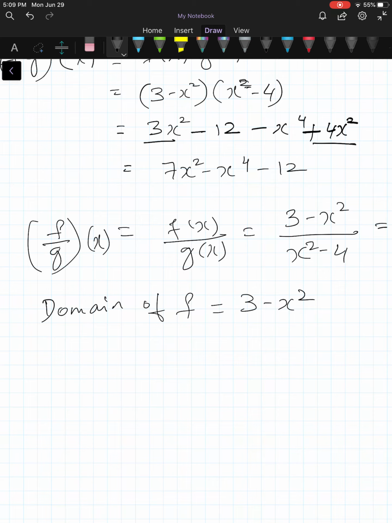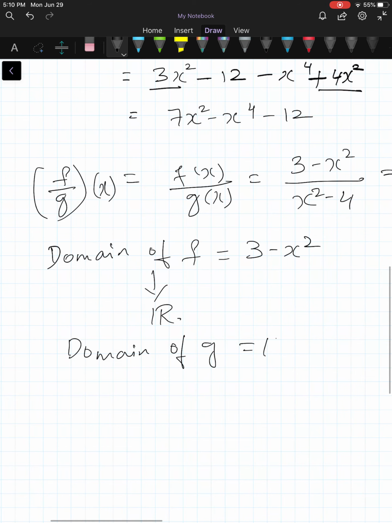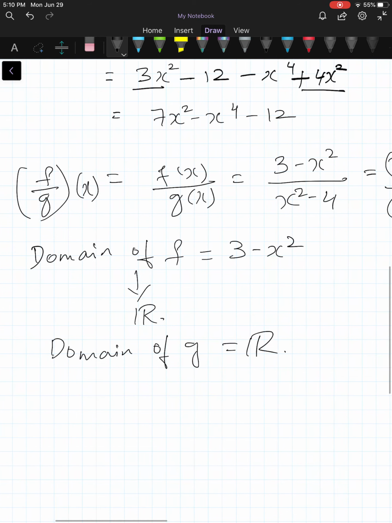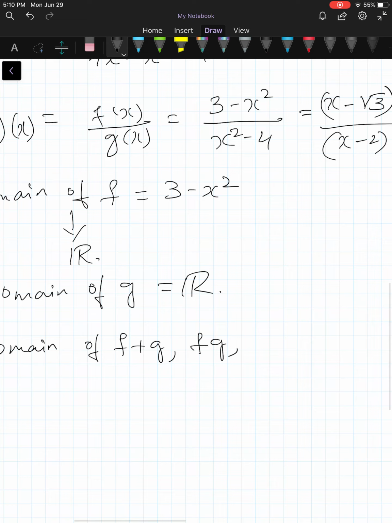Therefore the domain of F is R. Domain of G is also R. So R intersection R is R. So the domain of F plus G, FG, F minus G is R.